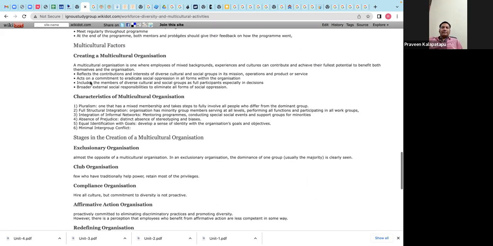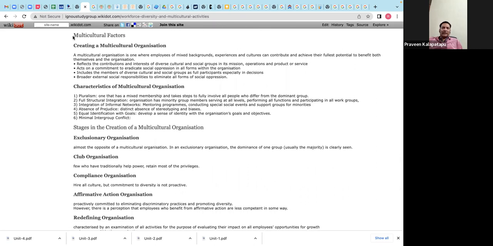Now comes multicultural as cultural factors. Now we are talking about the multicultural organization, which is slightly different from diversity. Diversity talked about gender, age, various things.